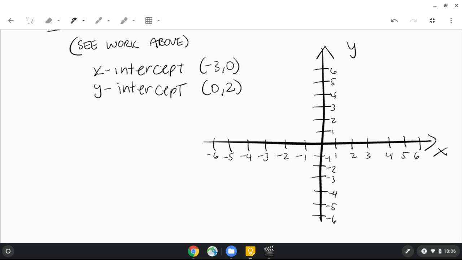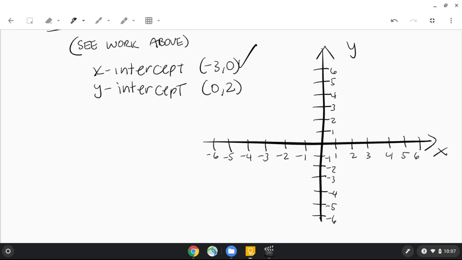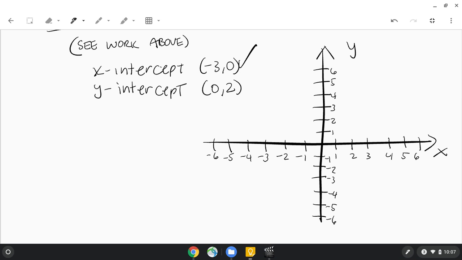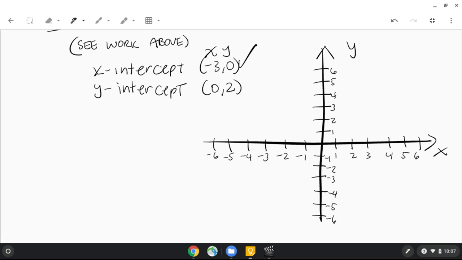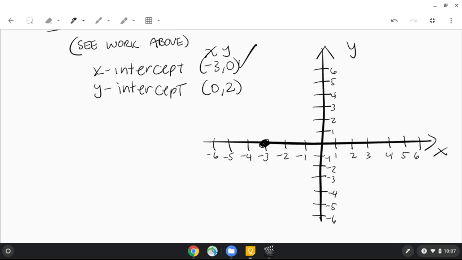Let's go ahead and graph this first point here, -3, 0. So that's -3 on the x and 0 on the y. That puts me right over here.